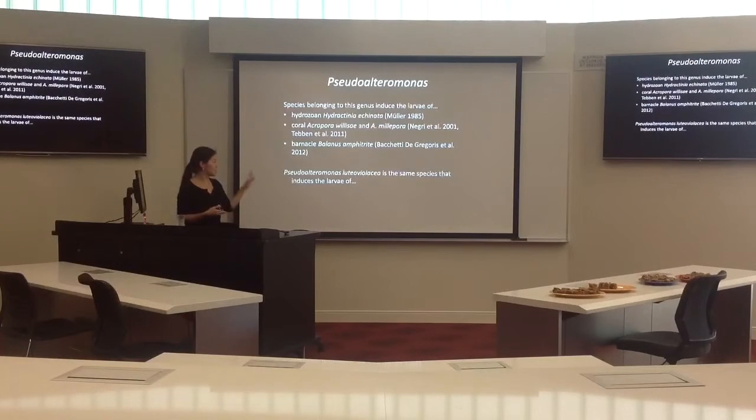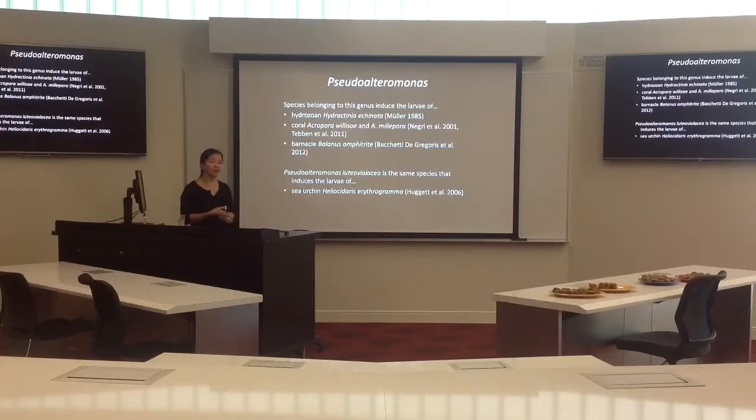And Pseudoalteromonas luteoviolacea is also the same species that induces the larvae of an Australian sea urchin, as well as a biofouling tube worm, a polychaete known as Hydroides elegans. So they don't just induce corals, they induce other invertebrate groups as well.